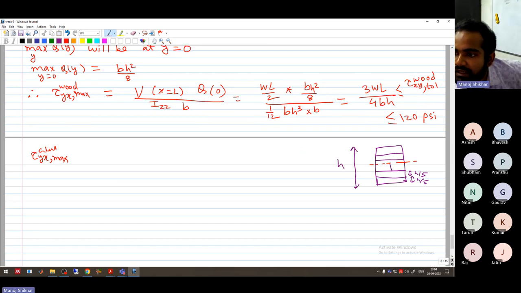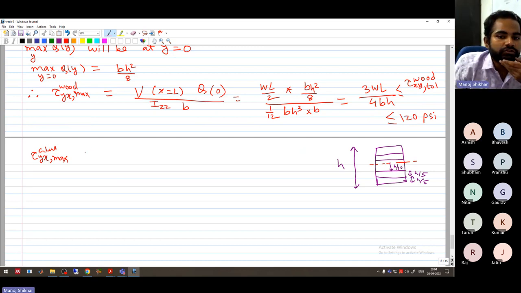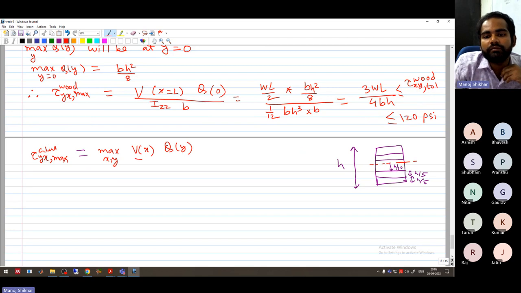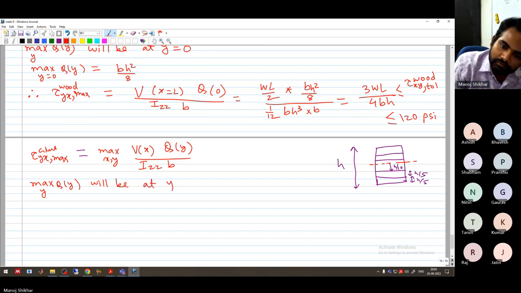So the nearest y is at h by 10, right? So tau yx max for glue will be max over x comma y of Vx Qy upon Izz into b. So here max of Qy will be at y equal to h by 10.